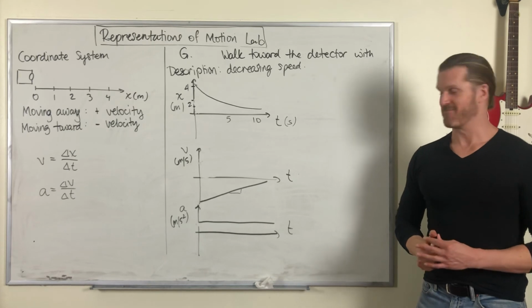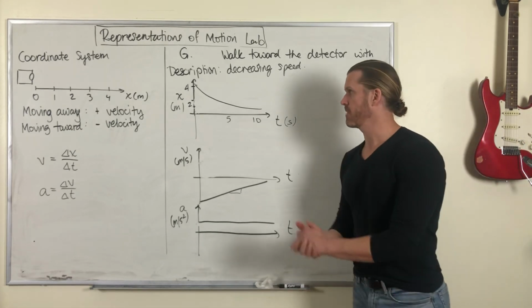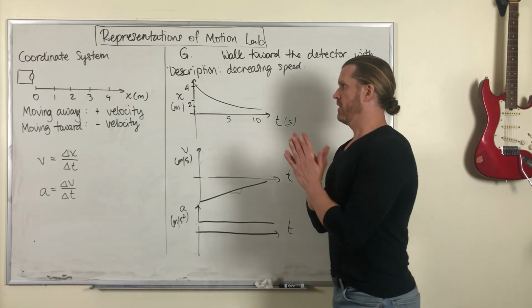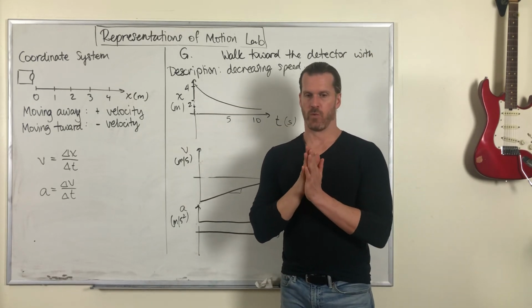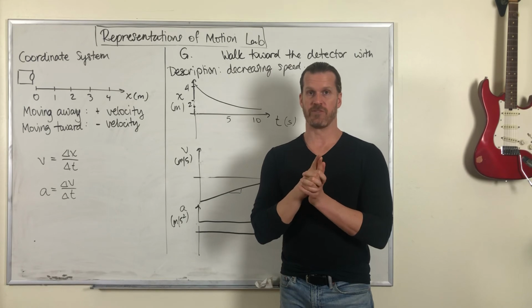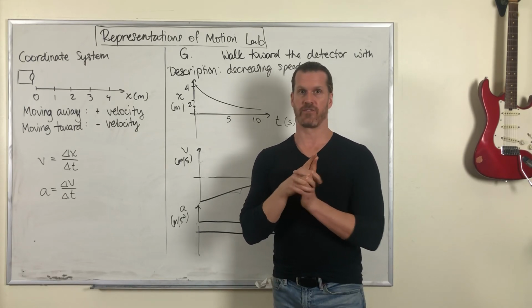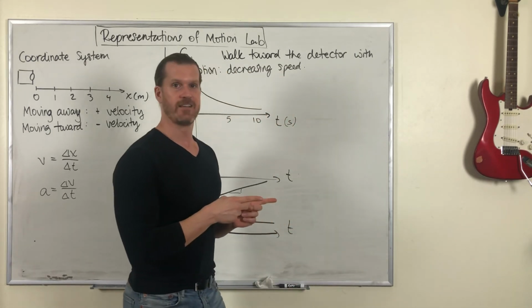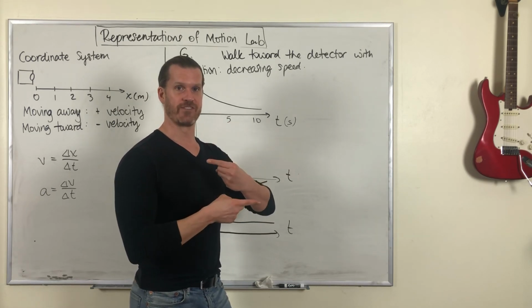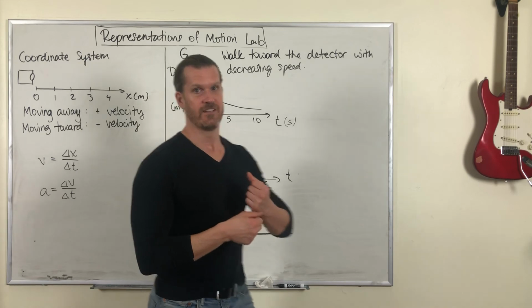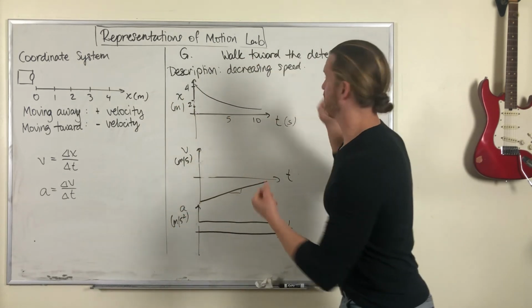Let's think about what that means. Remember we said that when acceleration and velocity point in the same direction, that means you speed up. When acceleration and velocity point in opposite directions, you slow down. So in this example, you're slowing down.